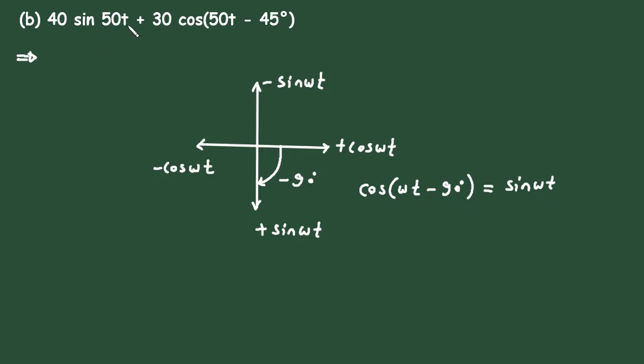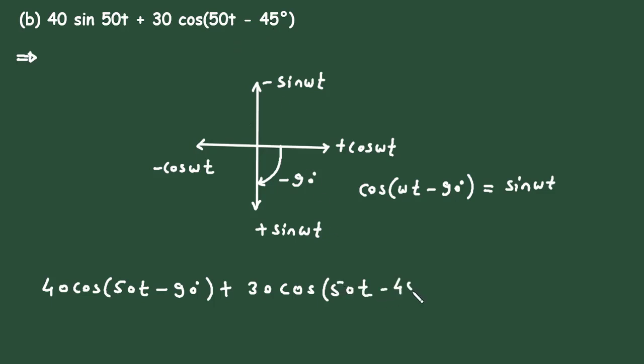So let's put it here. So this will be 40 cos 50t, and since we change from sine to cosine, we have to add minus 90 degree. So minus 90 degree plus 30 cos 50t minus 45 degree.